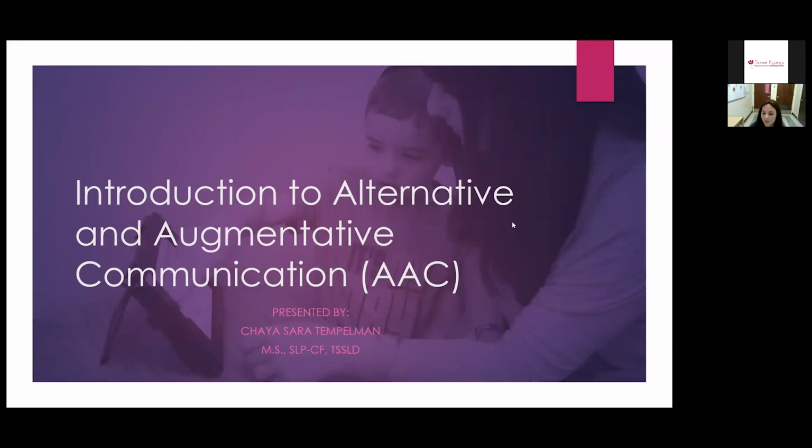Just to give you a quick overview of what we're going to be discussing today: what AAC is, a brief summary to give you a picture of what AAC actually is, who uses AAC, who can benefit from AAC, and different types of AAC, because there is a very large gamut of children with autism and individuals that use AAC, and there are so many kinds of AAC out there.